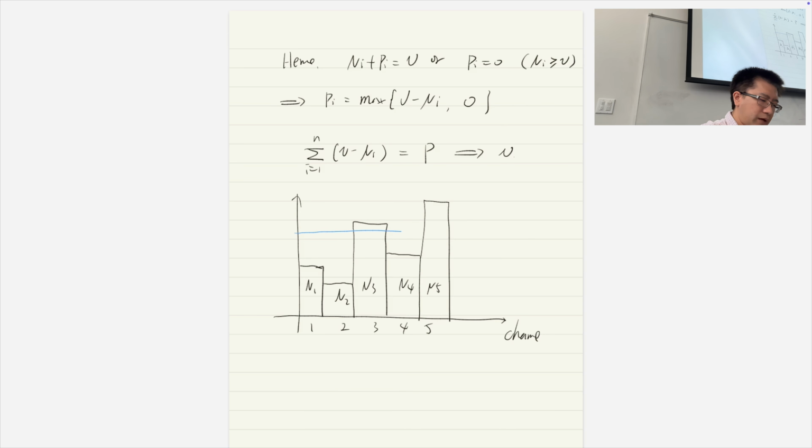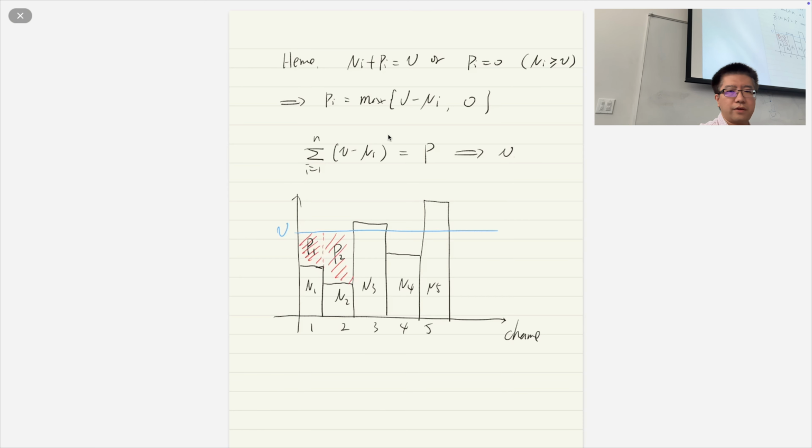Okay, so this formula tells you that we're going to determine a nu like this. Let's say here is the value of nu. Now what we're going to do is as follows. This is nu minus N1, so this is P1, okay? For the second one, this is nu minus N2, so this shaded area is P2.